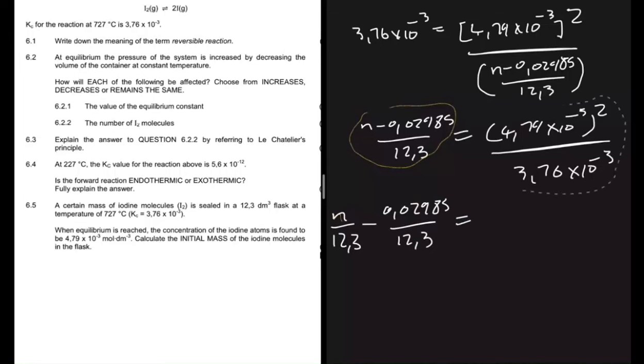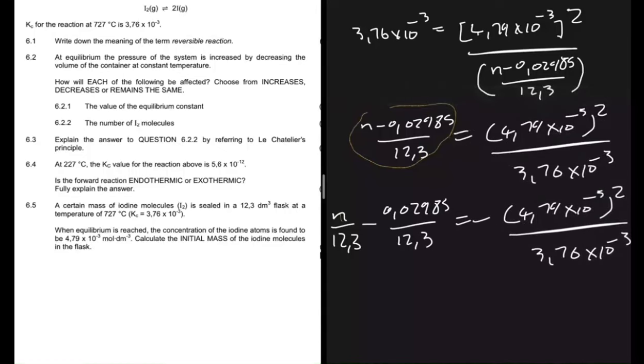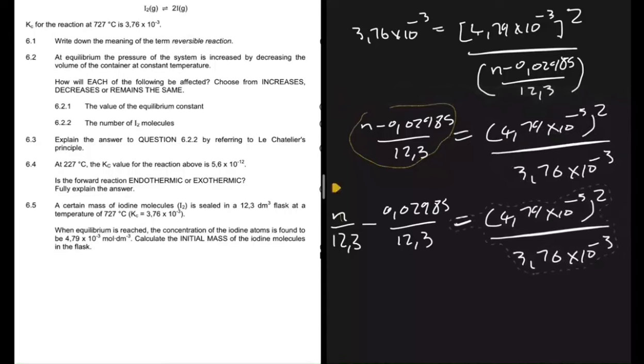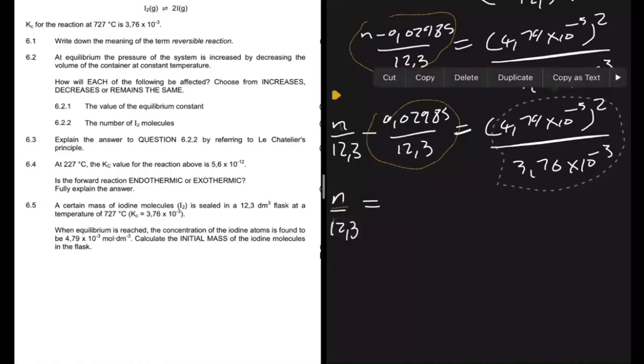Nothing is changing, so I'm just going to duplicate it instead of writing it again. So now we can take this term to the right hand side. So we're going to get n divided by 12.3 is equal to, I'm going to just duplicate the term instead of copying it again.